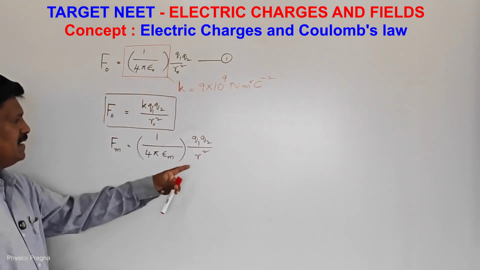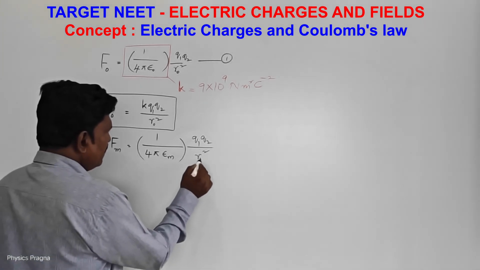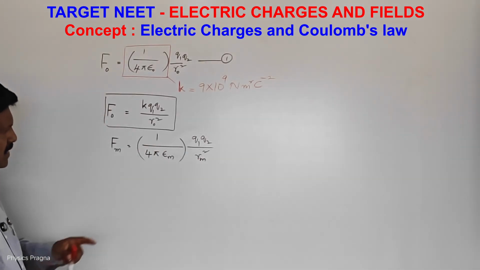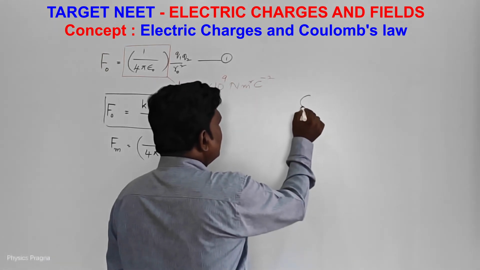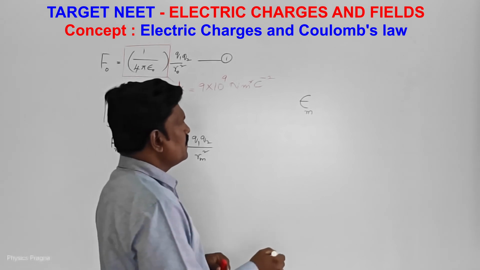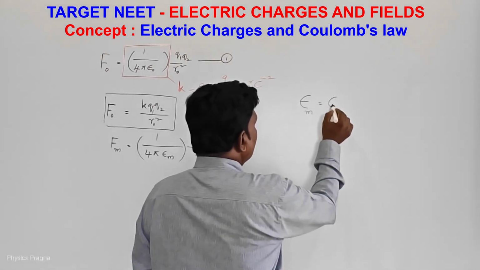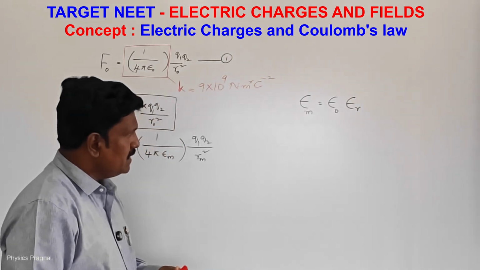This r distance is when a medium is there between the charges. So this formula we can write like this: epsilon m, the permittivity of medium, is equal to epsilon naught into epsilon r.